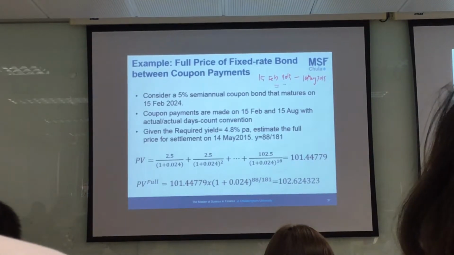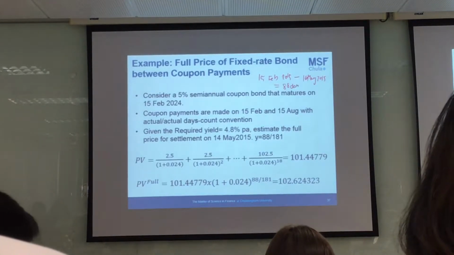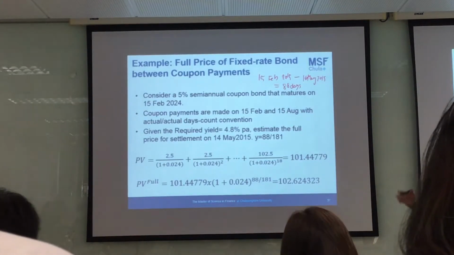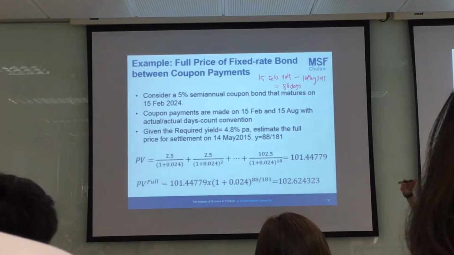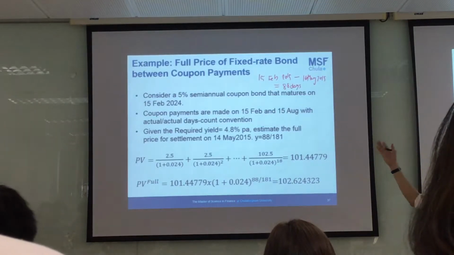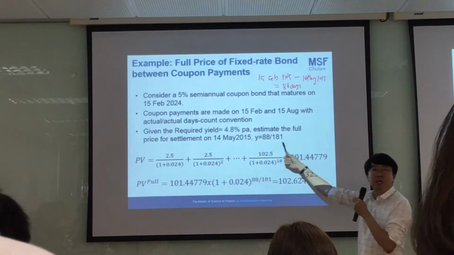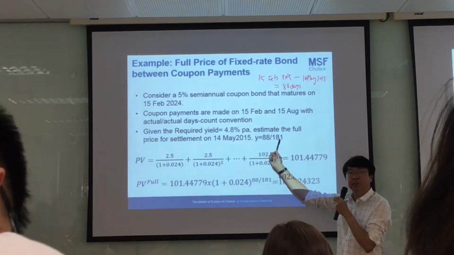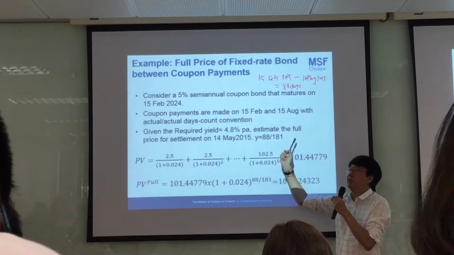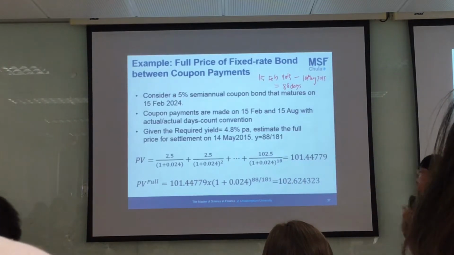That will be 88 days. And then from 15 February 2015 until 15 August 2015, the next coupon payment, that will be 181 days. Actual number of days. Okay?